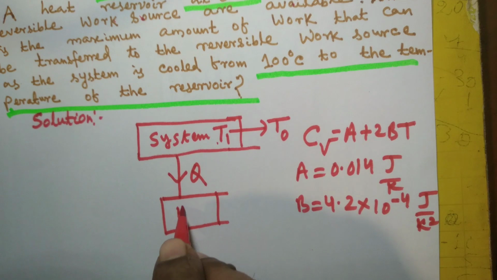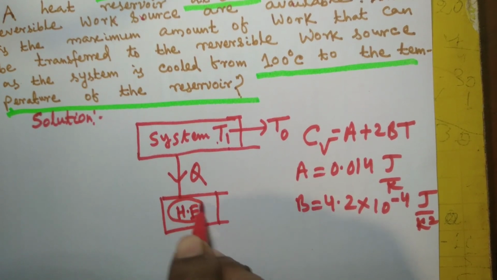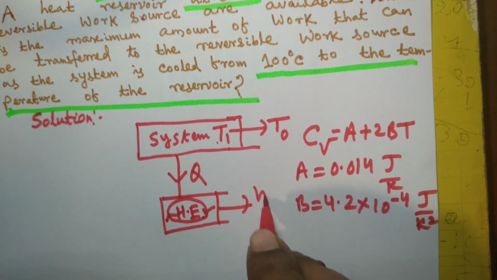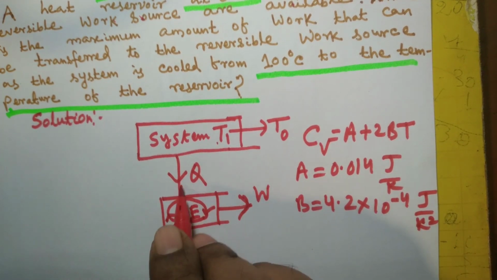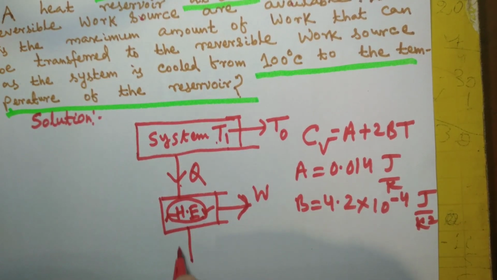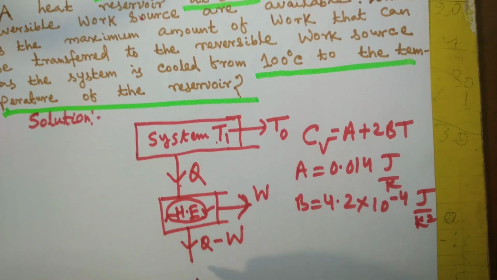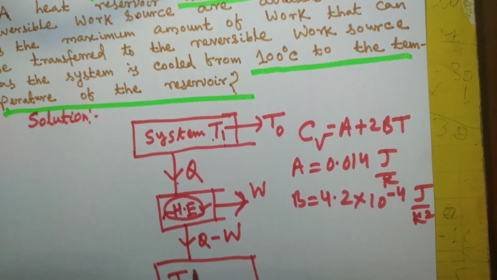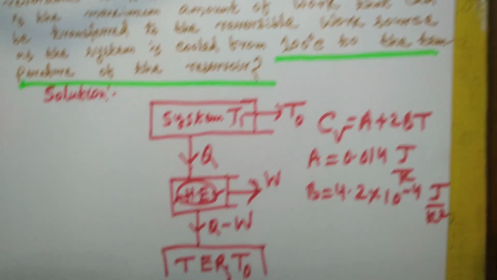This is the heat engine which produces work, and Q is the heat input, and if the heat engine produces W net work output, then Q minus W is the heat rejected to the thermal energy reservoir, that is the low temperature thermal energy reservoir, which is at a temperature of T0.